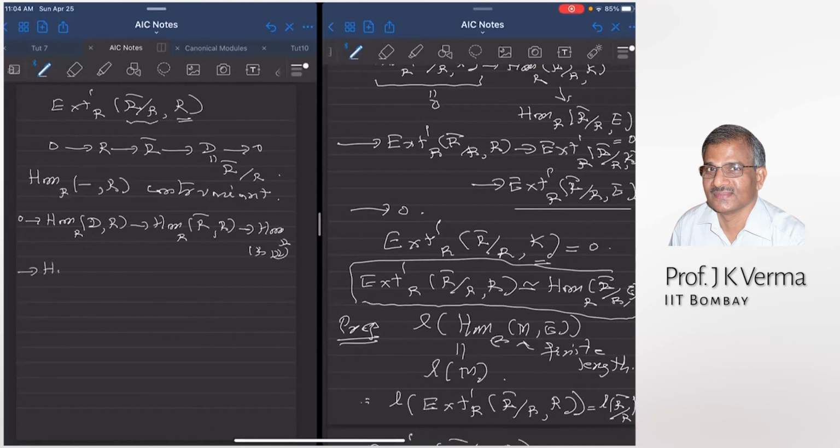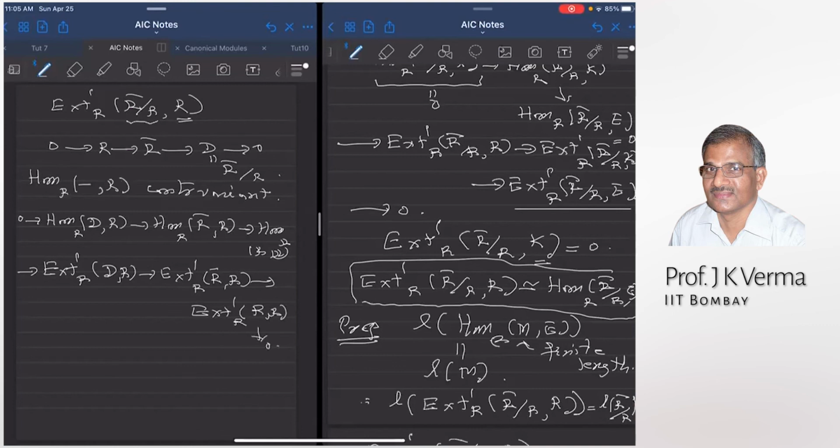Then, sorry, Ext^1. Now we are at the Ext^1 level: Ext^1(D, R), Ext^1(R bar, R), Ext^1(R, R), to 0.